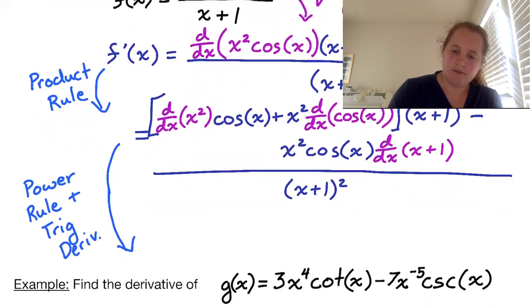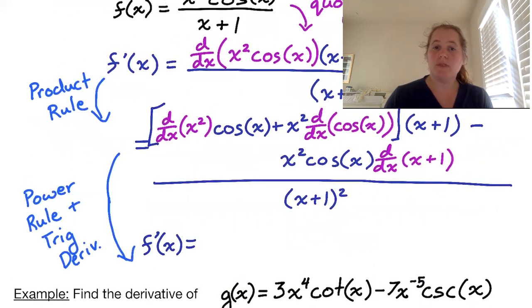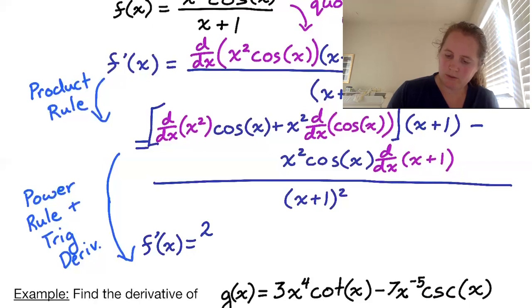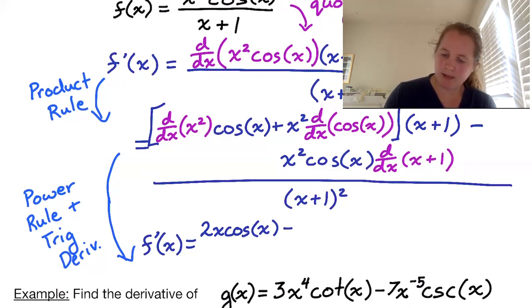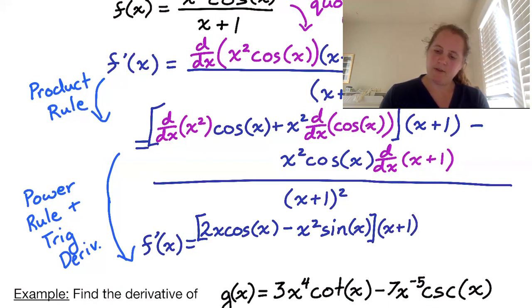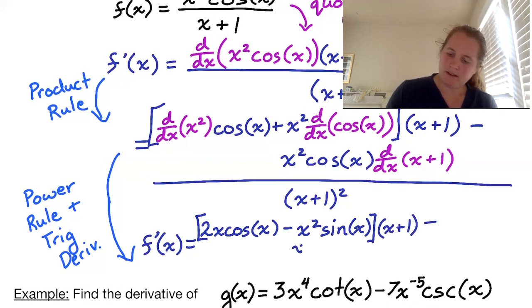We wind up with f prime of x is equal to the derivative of x squared, by the power rule, is 2x, then cosine x. The derivative of cosine x is negative sine x, so this will become minus x squared times sine of x. All of that is multiplied by x plus 1.